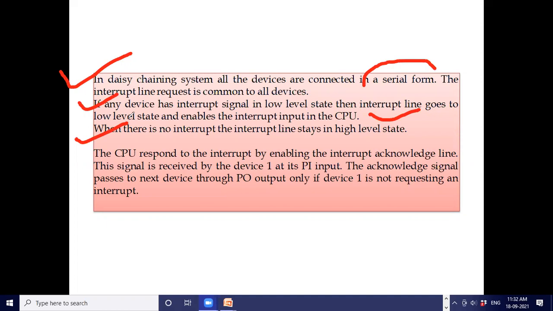The CPU responds to the interrupt by enabling the interrupt acknowledge line. The signal is received by the device, say at its PI input, and the acknowledgement signal passes to the next device through PO output only if the device one is not requesting an interrupt.